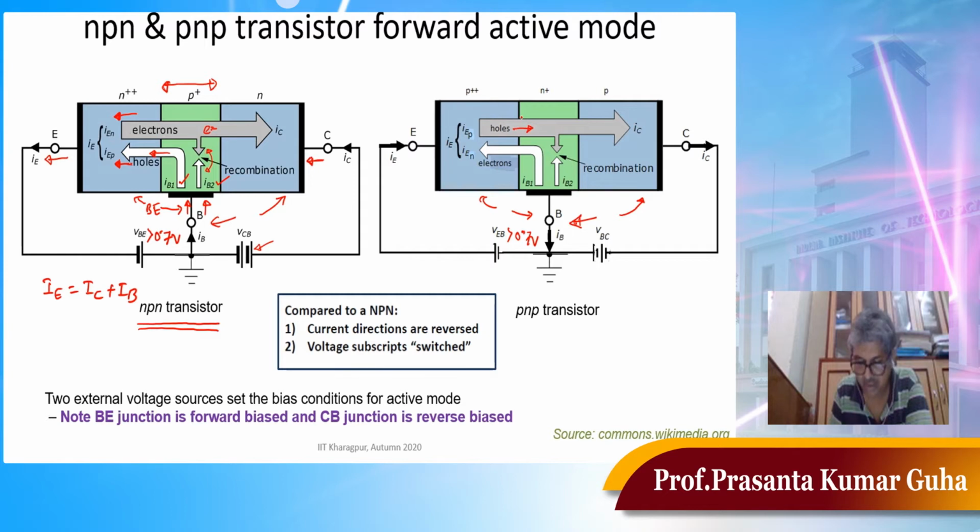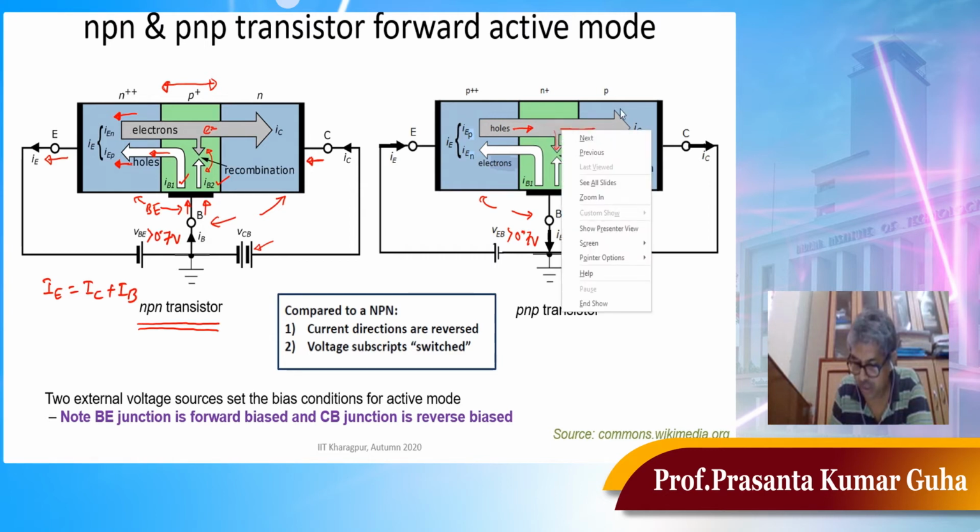Out of these holes, very few will combine with electrons present in the base, because the base majority carrier is electron, whereas hole is the majority carrier in the emitter, because it is a p type emitter. And the rest of the holes, what will happen to them? They will manage to go to the collector.